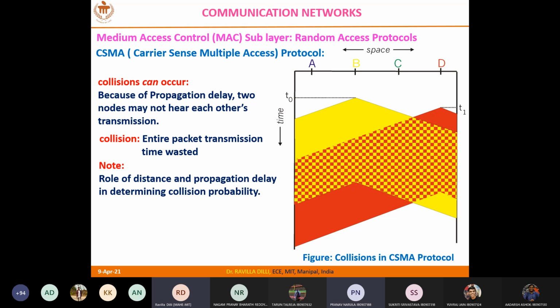If we assume that A has started its transmission first, and D also wants to transmit simultaneously, then if we take this buffer time, which was not the case earlier, D would have sensed that the channel is occupied and only then start transmitting, hence avoiding collision. No, how do you define this buffer time?